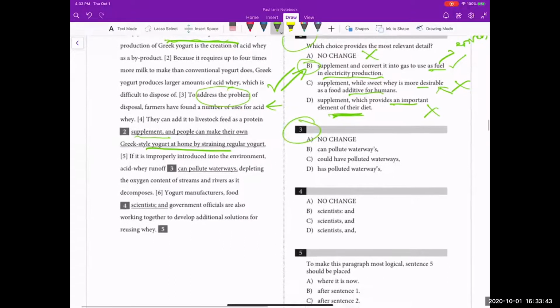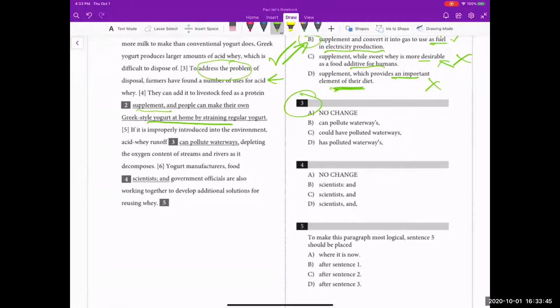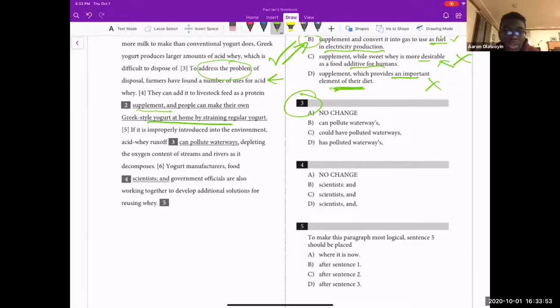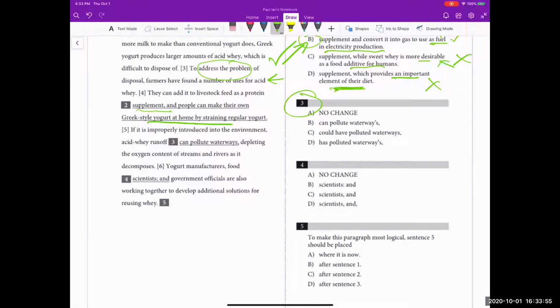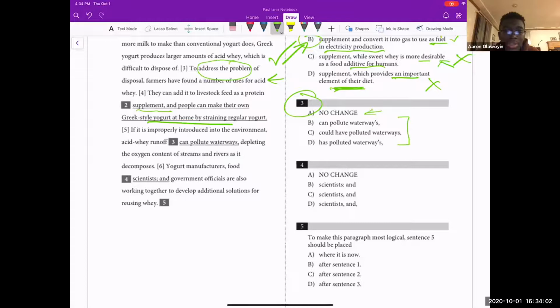What about number 3? I think this is a grammar one. Is it no change? Yeah. How did you do that one? I knew it wasn't D because it says if, which means it hasn't happened yet.